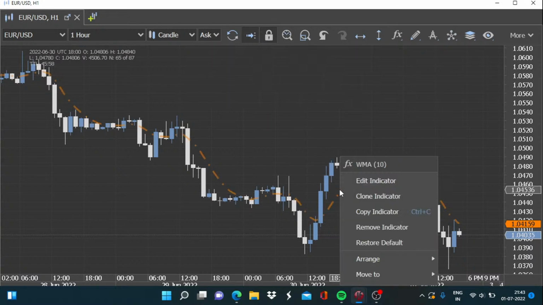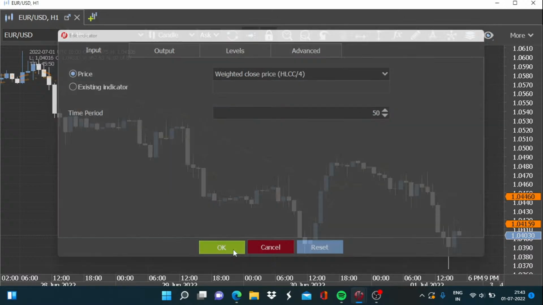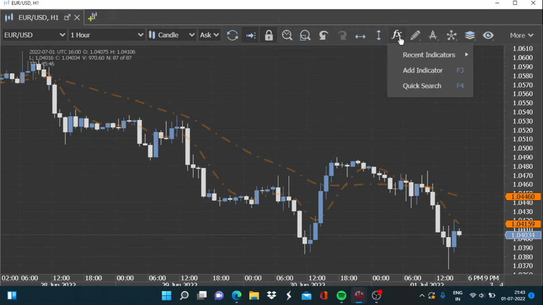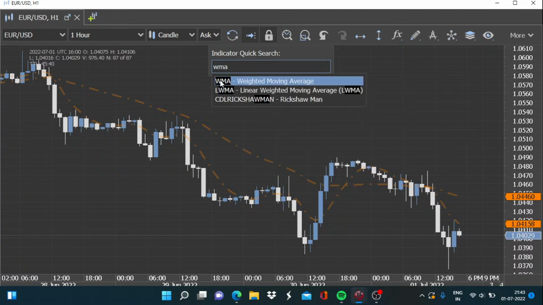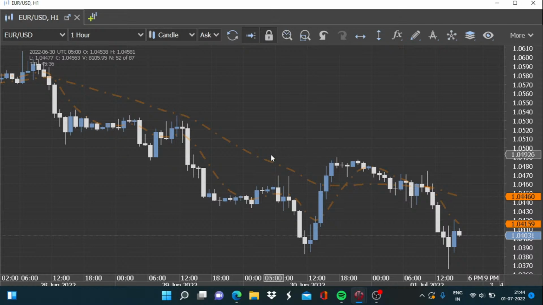and is of the same time frame, I will change it to say 50. Okay, so now this is of the 50, and if I add a couple of more, let's add two more. Oh, I think inadvertently I have removed it.